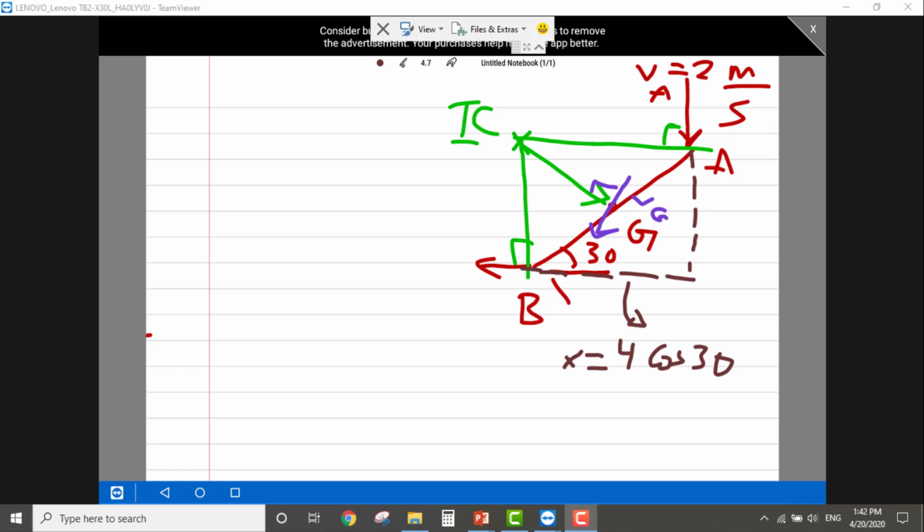Using a calculator, 4 cosine 30 is equal to 3.46, and this length again, the same, 3.46 meters, which represents R A with respect to IC.